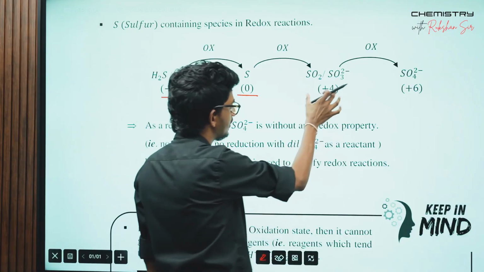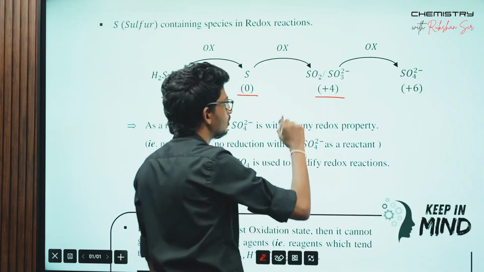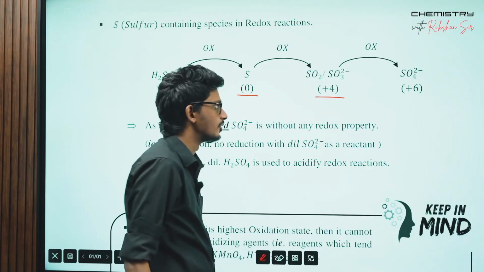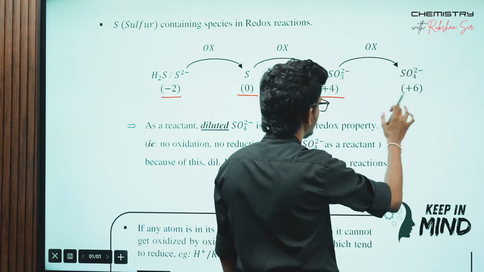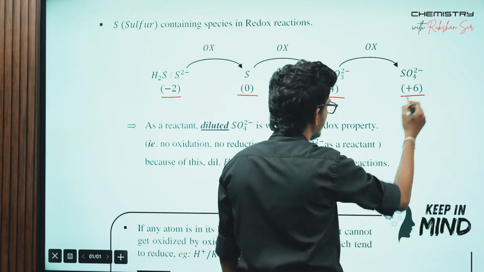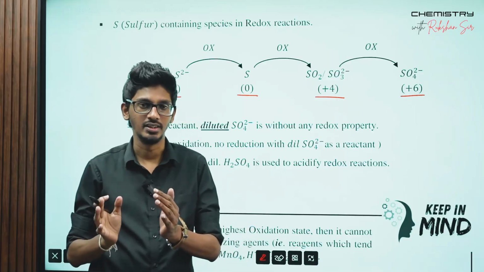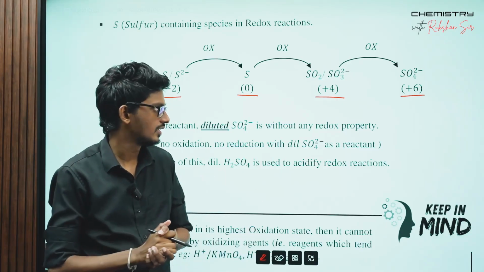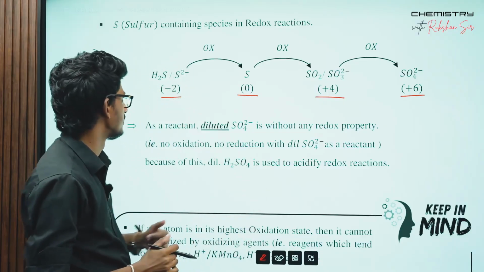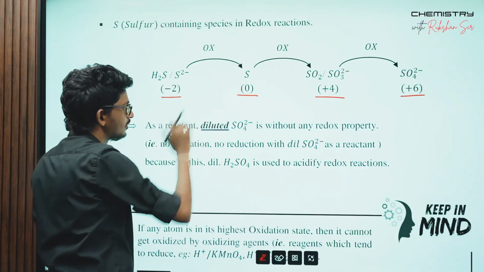If sulfur is going to oxidize to the +4 oxidation state, SO2 or SO3 2- are going to be the products. Sulfur species can also oxidize to sulfate. Normally, in chemical calculation questions, sulfur-containing species tend to get oxidized, not reduced. The -2 oxidation state will oxidize to 0.